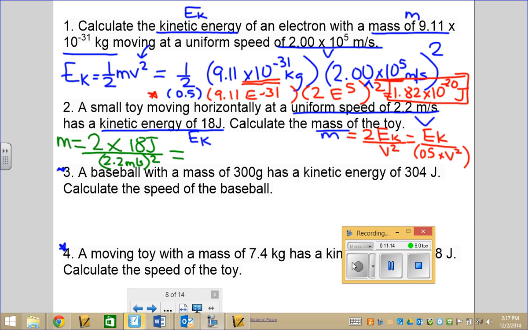So in your calculator, you should do 2 times 18 divided by 2.2 squared. The answer that you should get is 7.4 kilograms. And so take a minute and type this into your calculator and make sure that 7.4 kilograms is what you are getting.